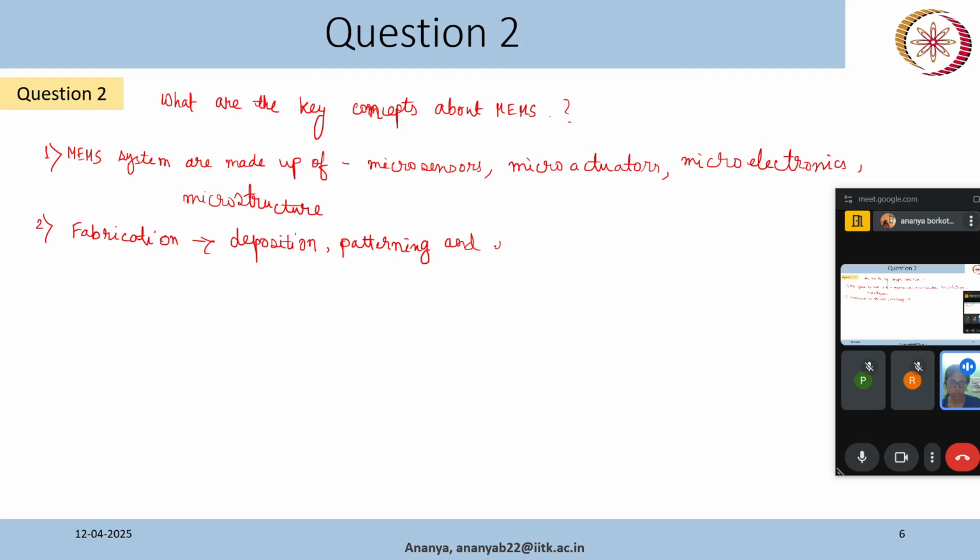Okay, these three things mainly, and doping sometimes, because we have also discussed doping like boron doping. I am giving you these slides as per the lecture videos, where Professor Pandya has mentioned that these are the main components of fabrication of a MEMS system.